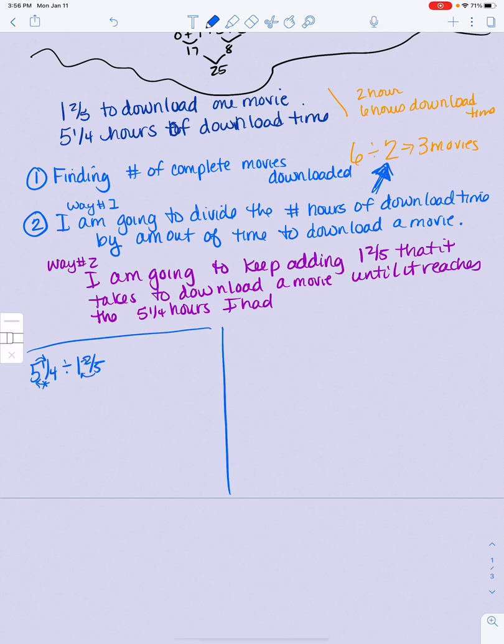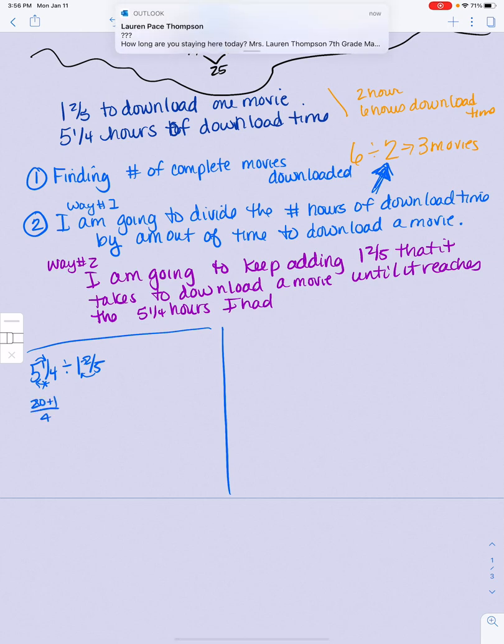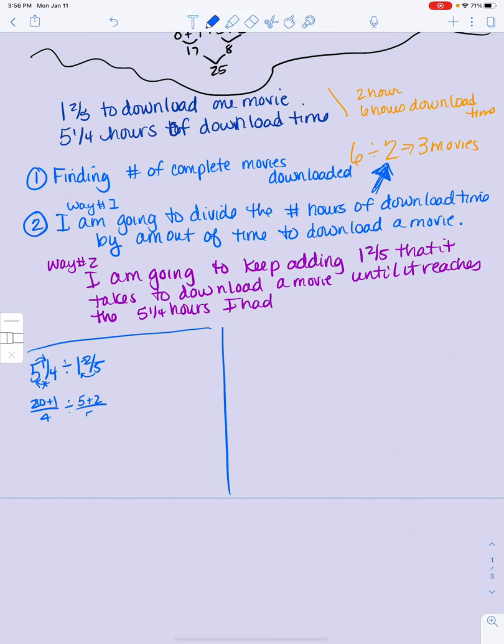So 5 times 4 is 20, plus the 1 over the 4, divided by 5 times the 1, which is 5, plus the 2 over 5. So notice that's how this came from. This is 5 times 1, plus the 2. So I get 21 over 4 divided by 7 over 5.